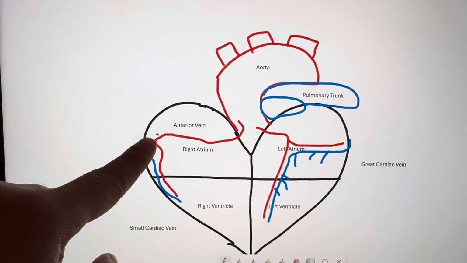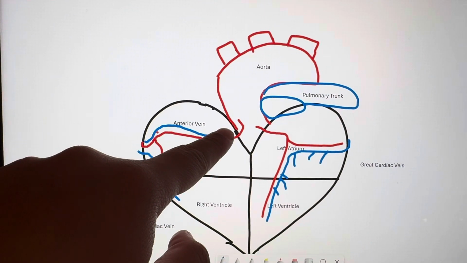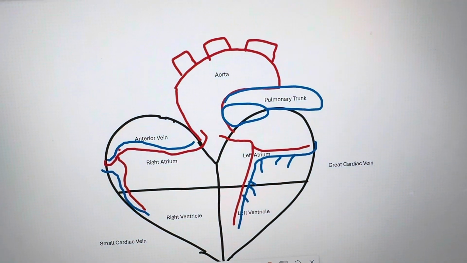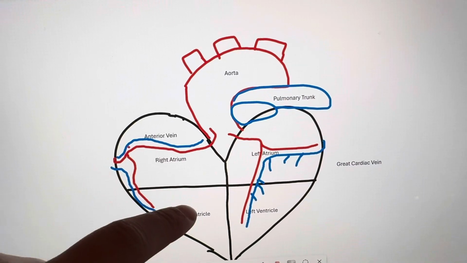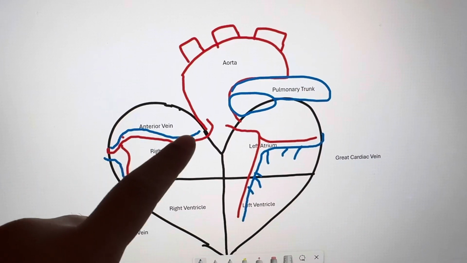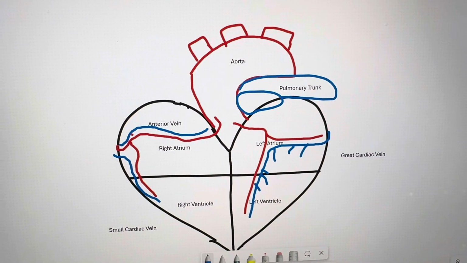So it's gonna pop up also right here, and it will just go around as so. Just to let you know, the anterior vein is not connected to the coronary sinus. However, it also drains to the right atrium.